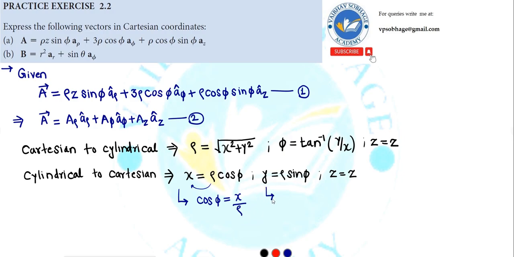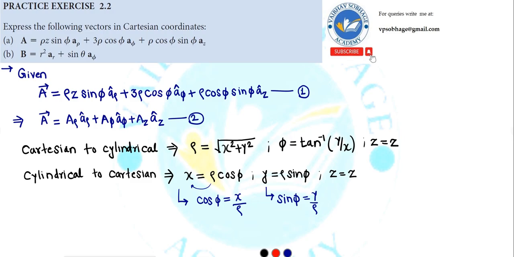In a similar fashion, we can write the value for sin phi. So sin phi will be y upon rho, and z will be as it is.